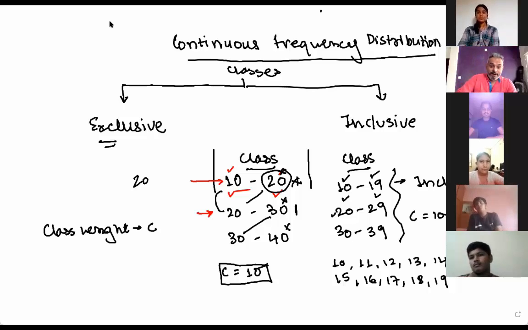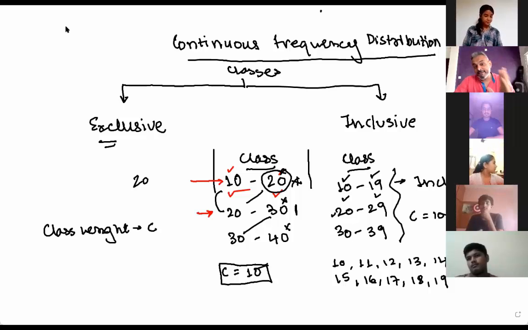Okay, good. Now let's start with some typical sums of frequency distribution. So we'll start with the illustration. It's a typical illustration, so I've picked it as a question which I will be solving.